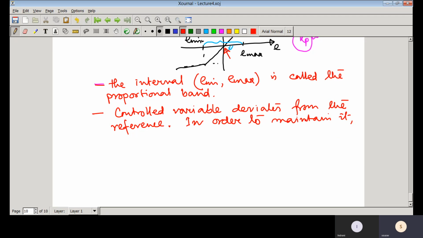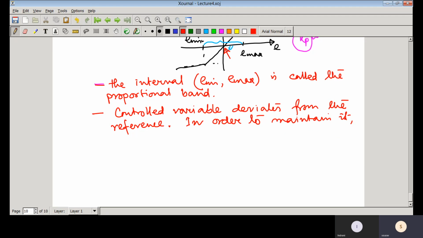So when error equals 0, then the control input u equal to Kp into e would also be equal to 0. So then immediately it deviates. In order to generate some control input, you cannot make error equal to 0. That means you cannot have the tracking performance.